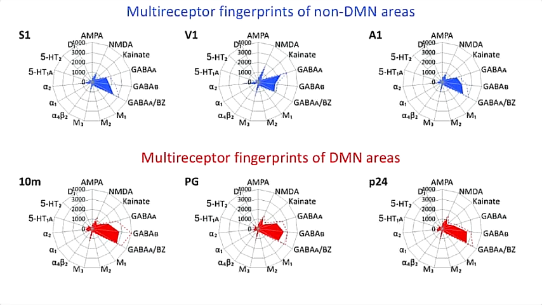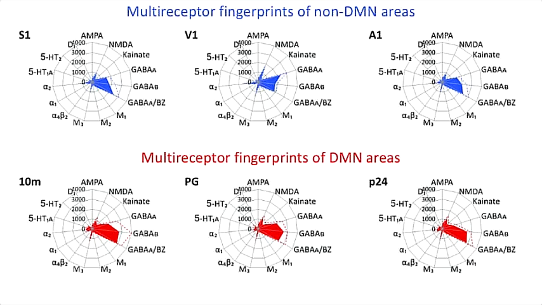And here around this polar plot, you have the absolute densities of the different receptors: the glutamate receptors, AMPA and NMDA, kainate, the GABA receptors, GABA A, GABA B, GABA A benzodiazepine binding sites, the cholinergic receptors, muscarinic M1, M2, M3, nicotinic alpha-4 beta-2, adrenergic alpha-1, alpha-2, serotonin receptors 5-HT1A, 5-HT2, and dopamine D1.